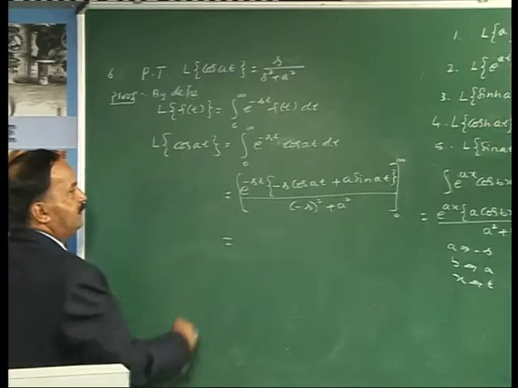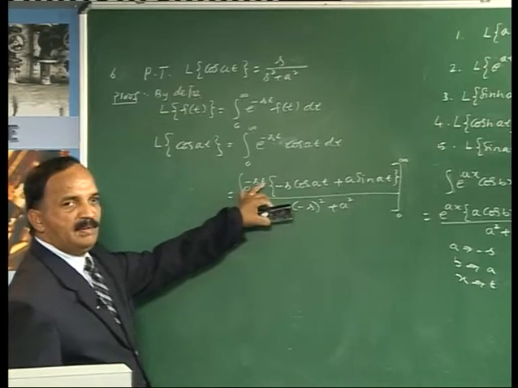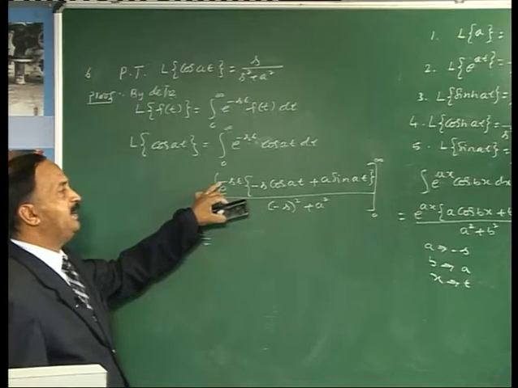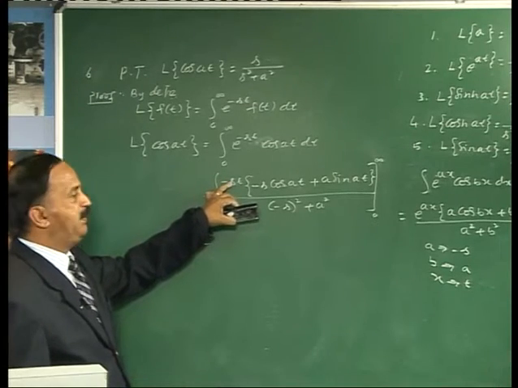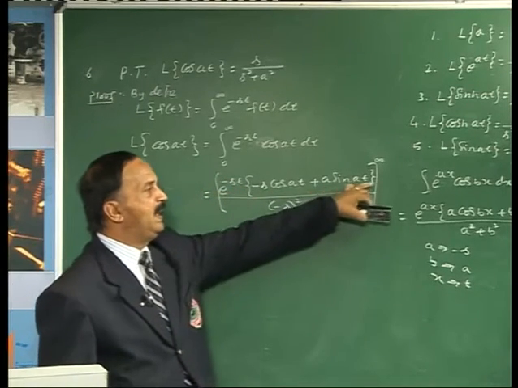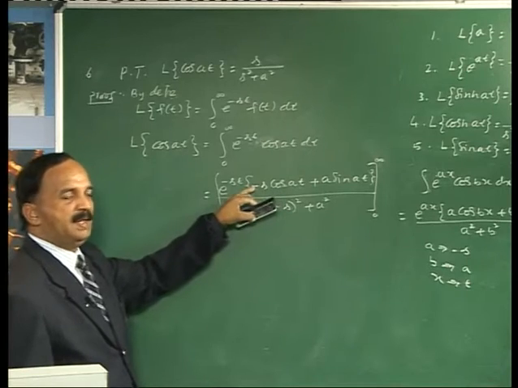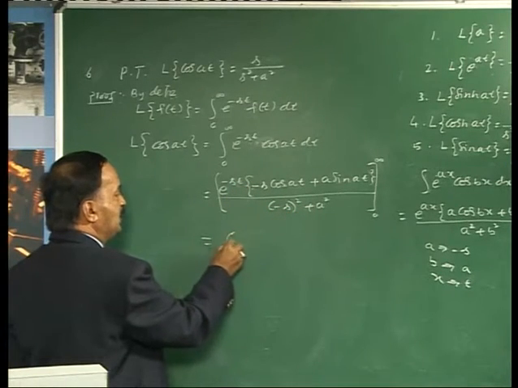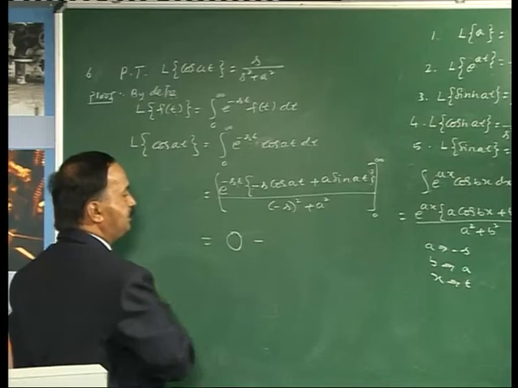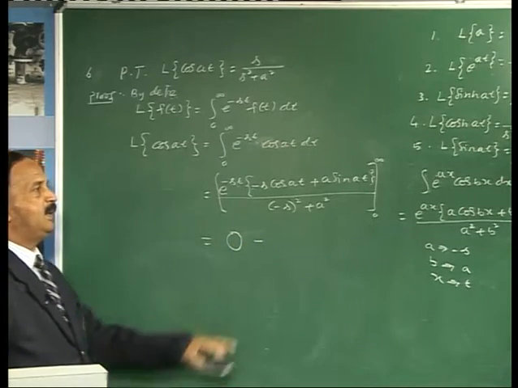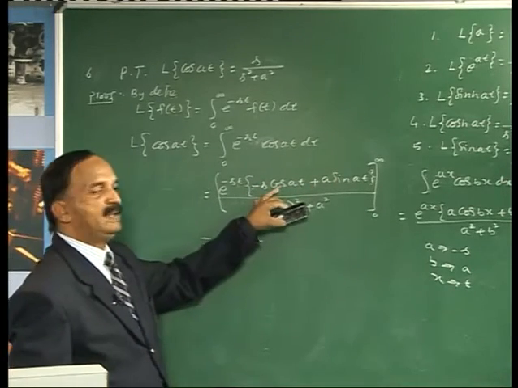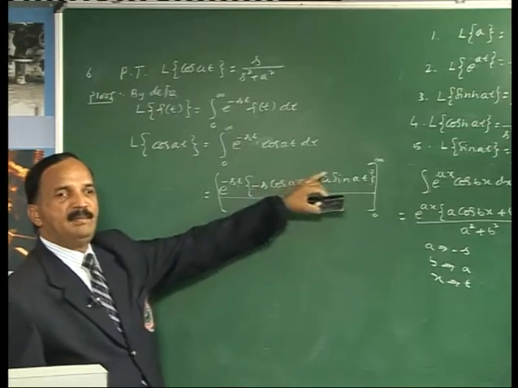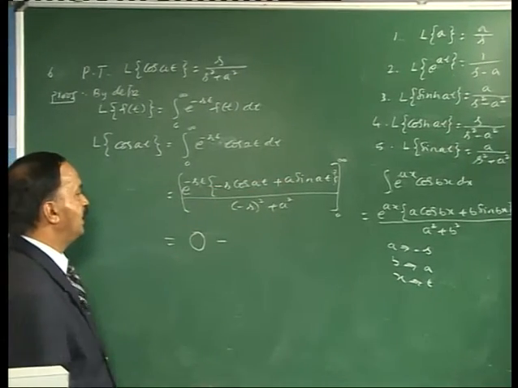If you put t equal to infinity here, infinity into s is infinity with negative sign, so e to the power of minus infinity is 0. 0 into something bounded is 0, and 0 divided by s square plus a square is also 0, because sine and cosine always lie in between minus 1 and plus 1.